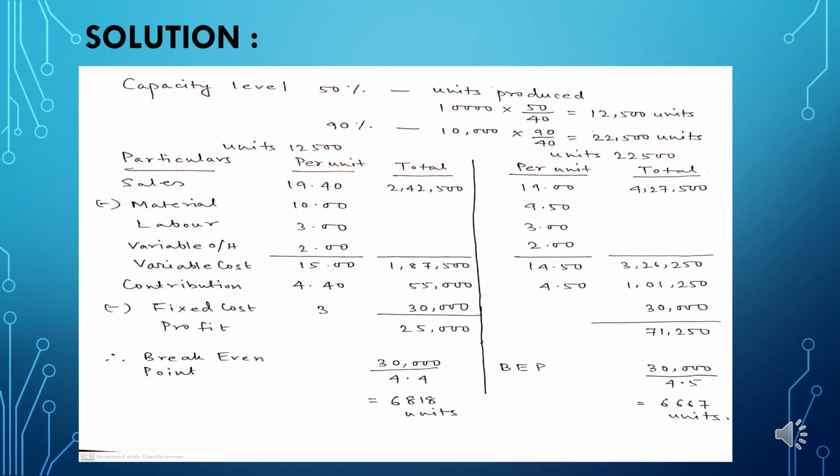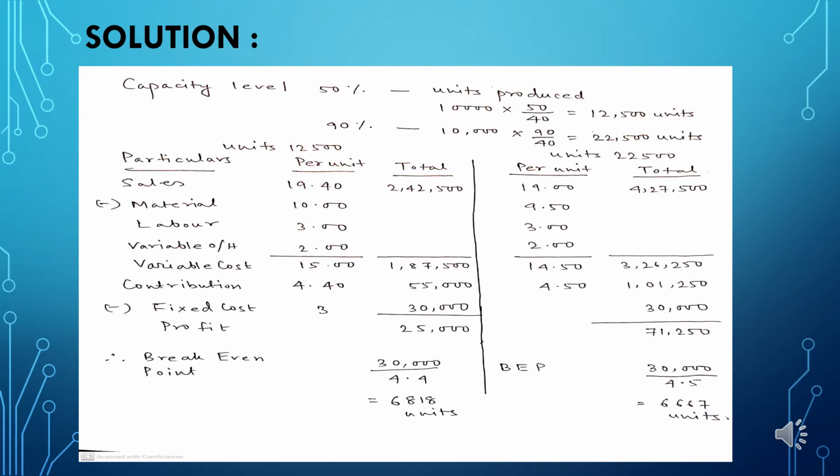So while we transfer the values from 40% capacity to the respective 50 and 90, we get the units produced as 12,500 and 22,500. The workings have been shown in the PPT. Now we need to find out the profit as well as the break-even point for both the capacities.